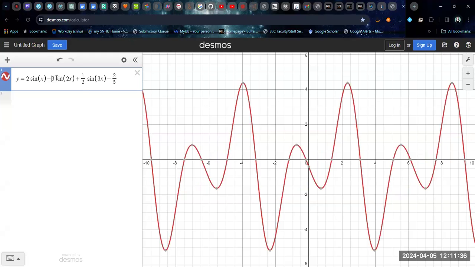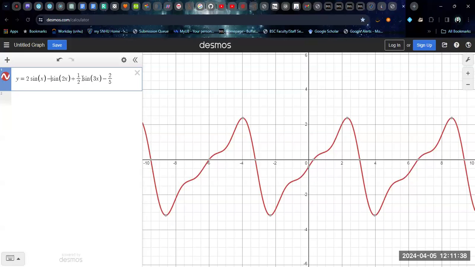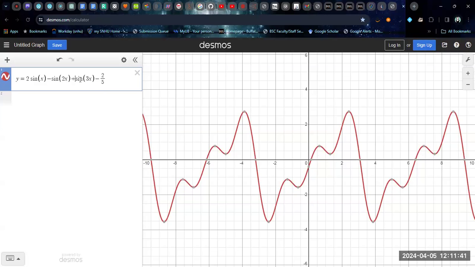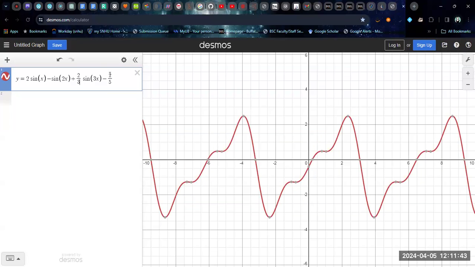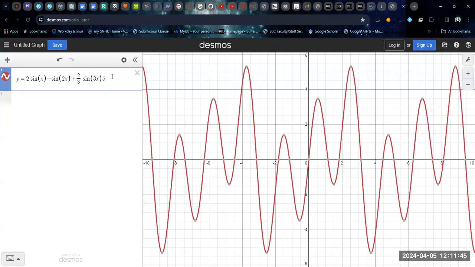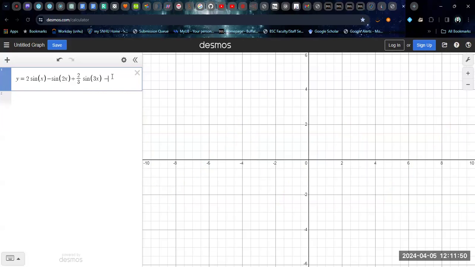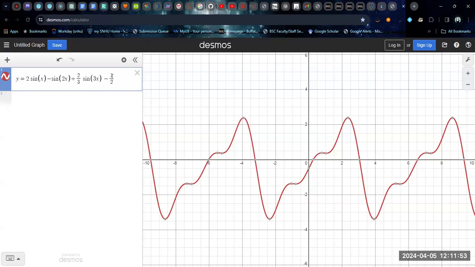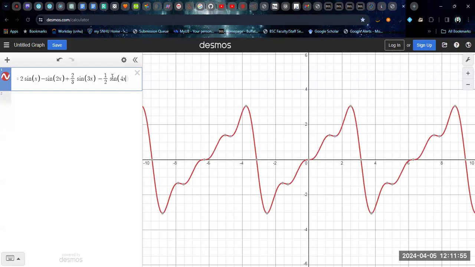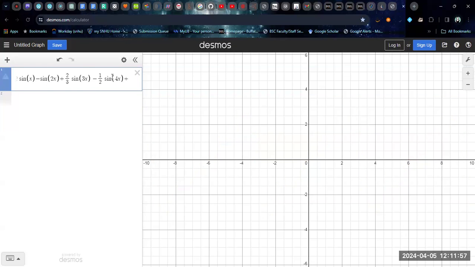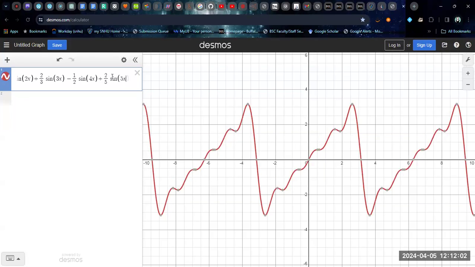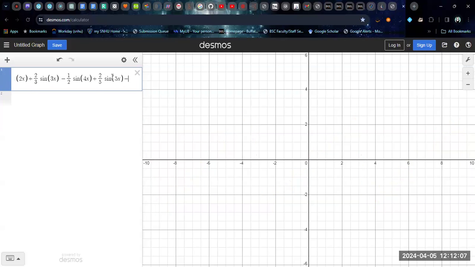It was, never mind. Minus sine 2x, and then it was 2/3, and then it was minus 1/2 sine 4x, and then plus 2/5 sine 5x. And let's do our last one, 1/3 sine 6x.